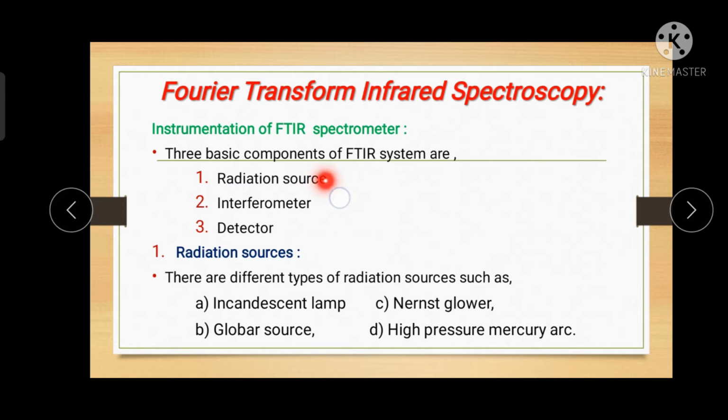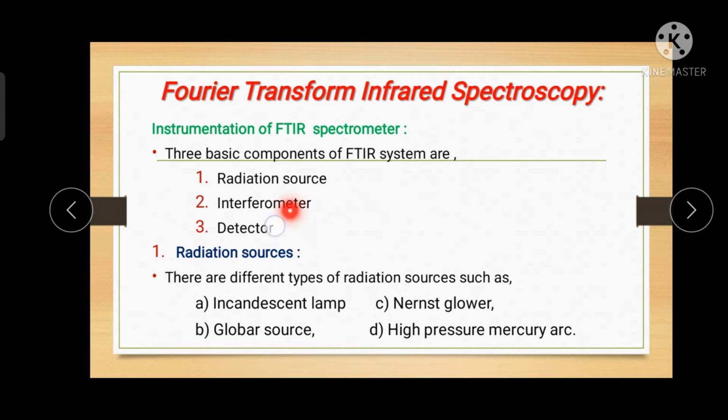Three basic components of FTIR systems are the radiation source, second the interferometer, and third the detector. That means the FTIR spectrometer has three main parts. First is the radiation source, that is an IR radiation source. Second is the interferometer. The interferometer acts as a monochromator and gives the interferogram.